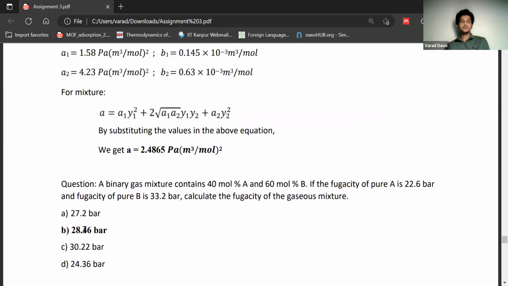So what is the next question? A binary gas mixture containing 40 mole percent A and 60 mole percent B. If the fugacity of pure A is this and pure B is this, calculate the fugacity of the gaseous mixture.